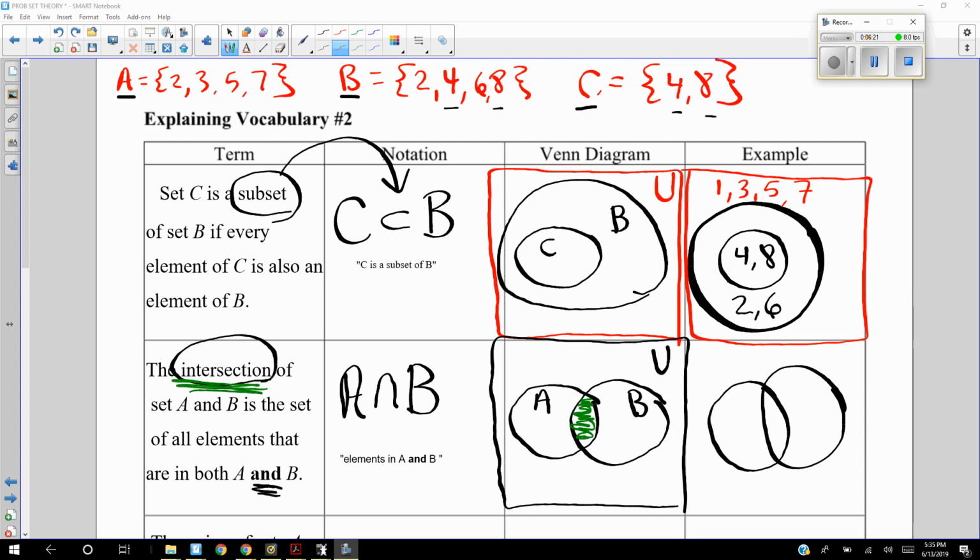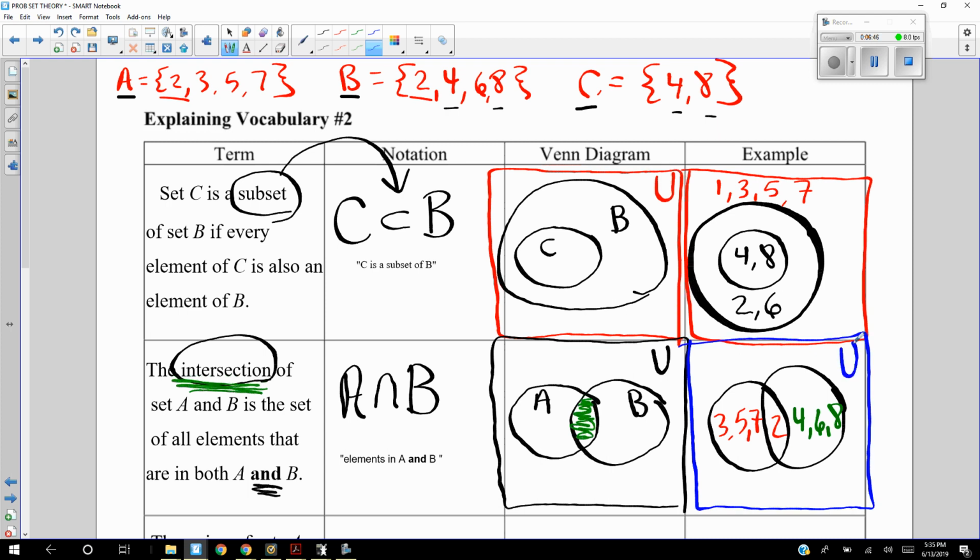Well, they only have one number in common, and it is the number 2. So 2 should go in that double shaded region. But set A also includes numbers 3, 5, and 7. And set B also includes the numbers 4, 6, and 8. And then let's draw our universal set. What's left? 1 is left.